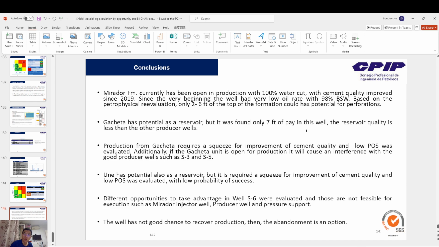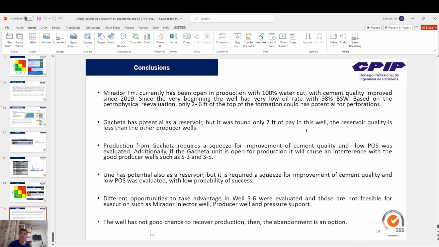Wuni has potential also as a reservoir, but a squeeze is required for improvement of cement quality, and a low probability of success was evaluated.